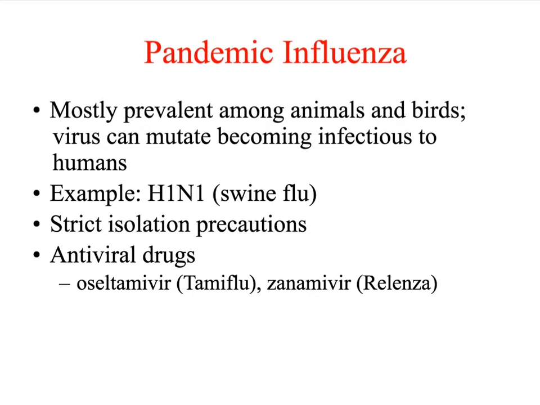One thing just to mention as well is antiviral meds. We do have some pretty effective antiviral meds for the flu, and it's known as Tamiflu or Relenza. These are pretty expensive antiviral meds.